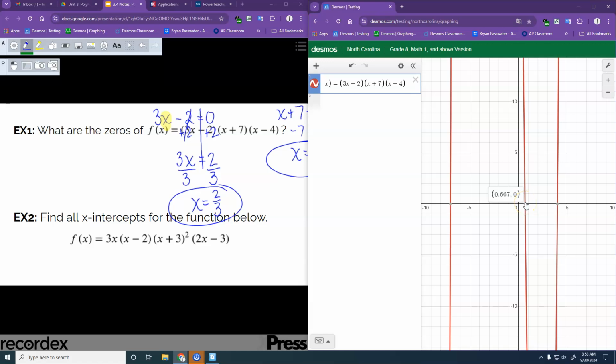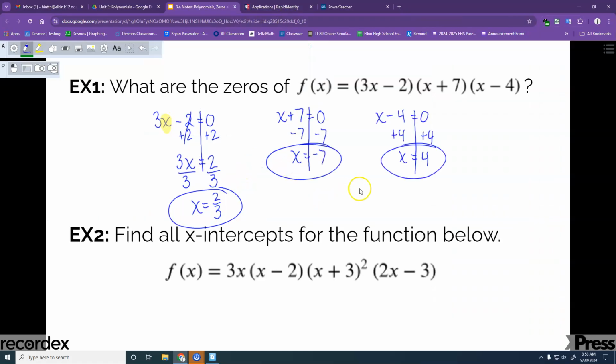They are at 0.667, which is the decimal approximation for 2/3, and then at 4. Right. So you can also graph and find your x-intercepts as long as they are real numbers. We will see a few imaginaries. Okay, questions?